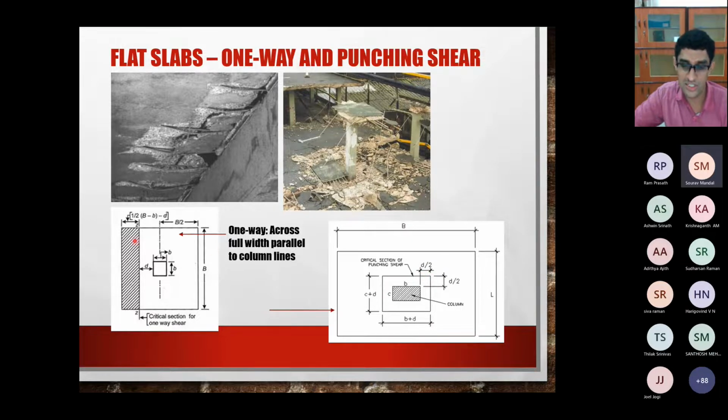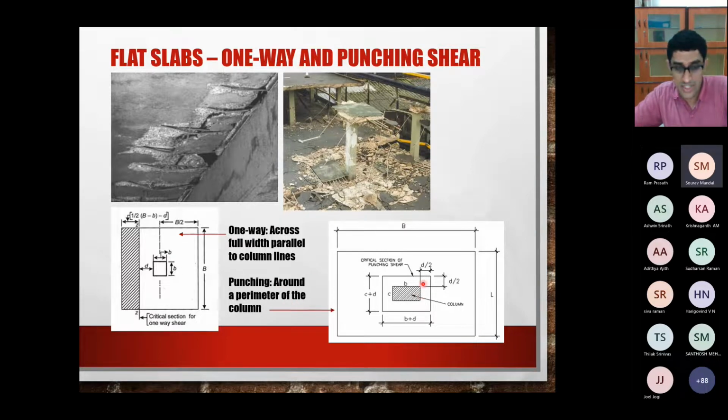This is around the column, this is along an edge. In fact, the other name for punching shear is two-way shear, because it goes this way and this way as well. It forms a rectangle, while this forms just a line. It happens around the perimeter of a column.